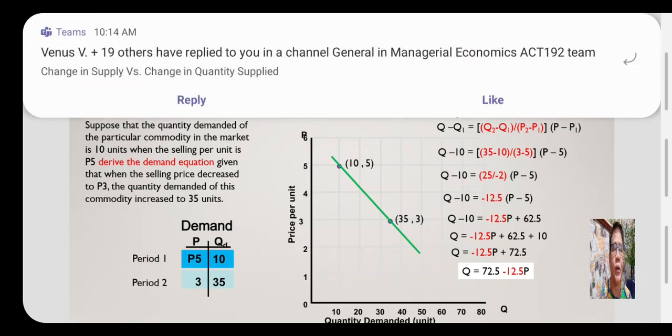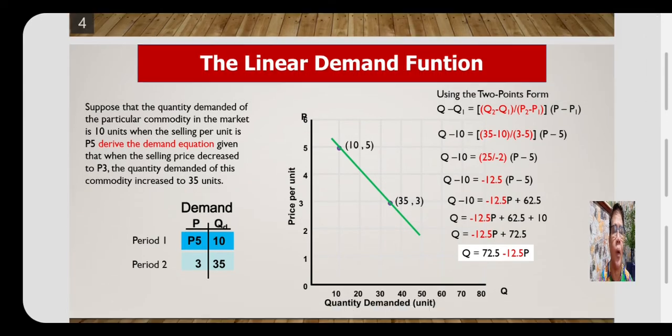So first, we substitute Q1 to the equation. Q1 has a value of 10, and Q2 has a value of 35. P2 has a value of 3 and P1 has a value of 5.